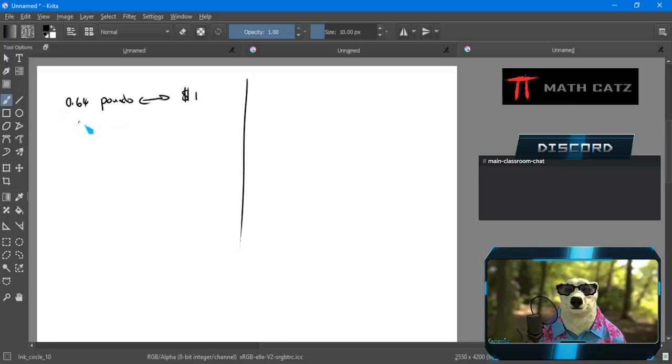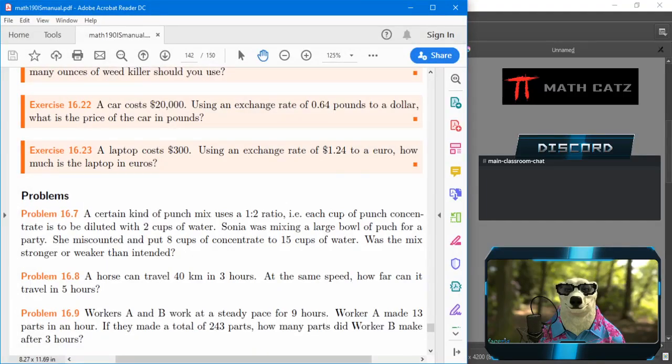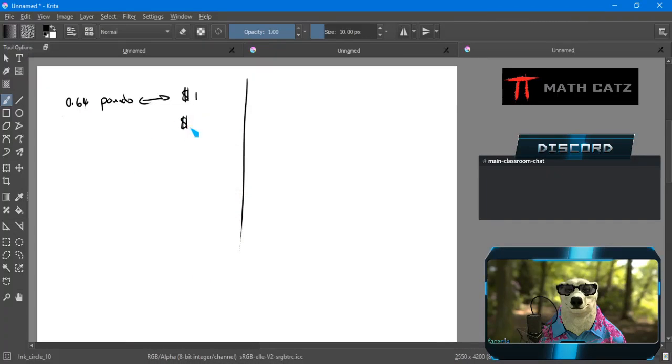Now I set up my other amount, $20,000 here, and whatever I want to call the variable, that will be number of pounds. I set up my ratio equation like that. If I've done it in a line, then pounds have to be with pounds, dollars with dollars.